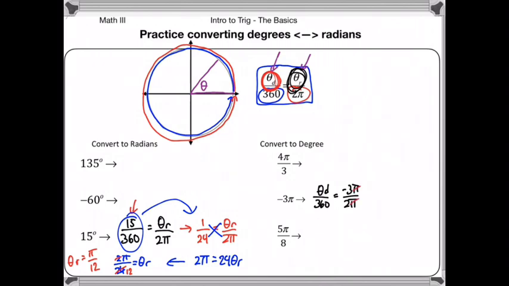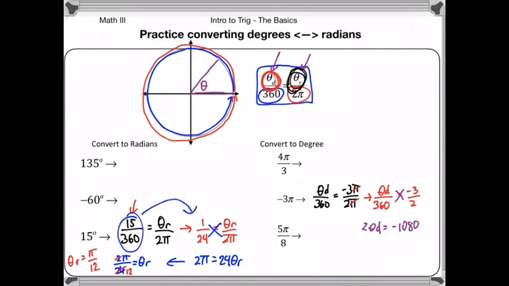Okay, so I'm going to get theta d over 360 equals negative 3 over 2. Let's do some cross multiplying, and I get 2 theta d equals negative 3 times 360, which is going to give me negative 1080.